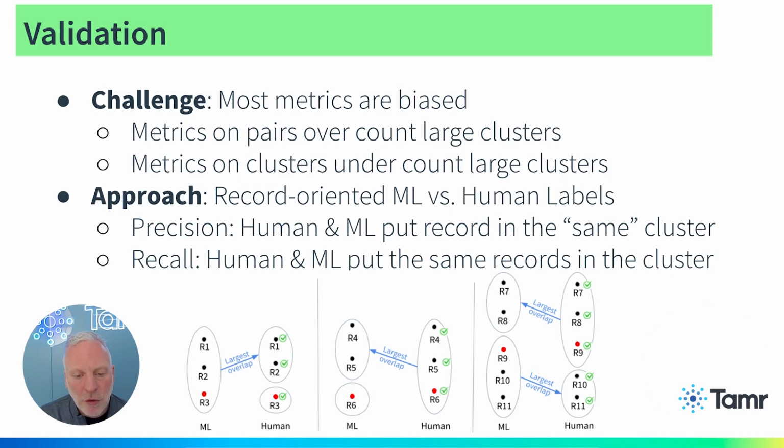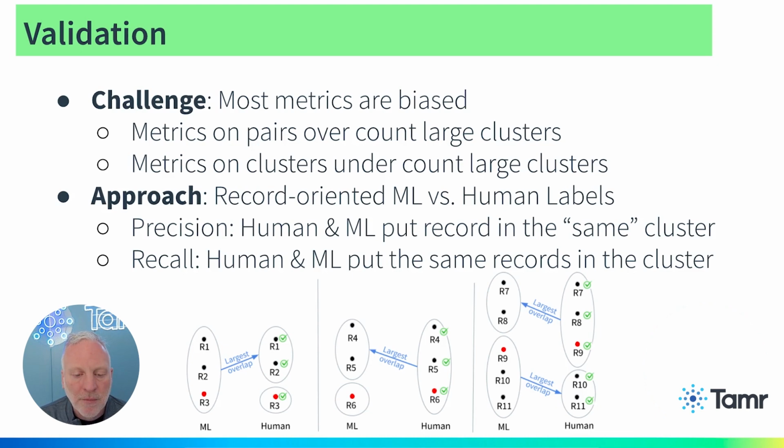There are two things that we're interested in. We're interested in precision errors, which is where the human and the machine learning put the record in different clusters. Precision is when they put them in the same cluster, and precision error is when they put them in different clusters. So you can see in the bottom on the left an example here where machine learning has clustered the test record R3 in with R1 and R2, and then the human has placed R3 in a separate cluster from R1 and R2.